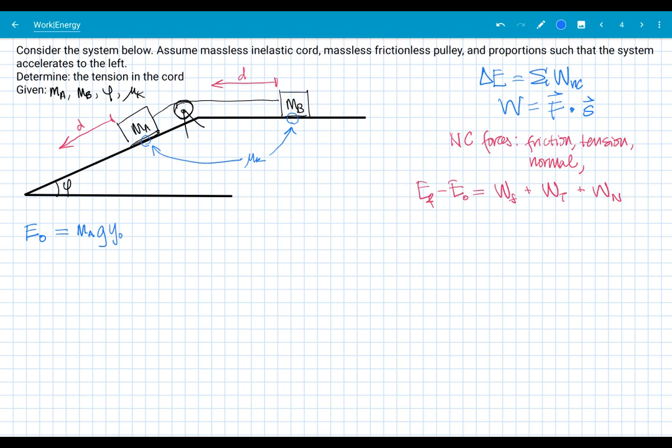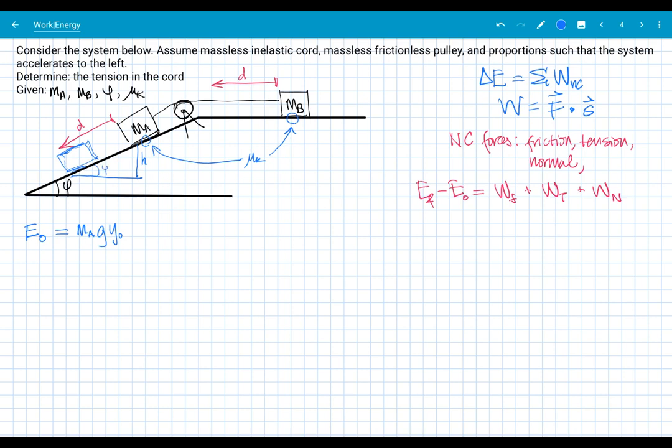And what I can do is think about this as a triangle right here and say, well, if mass A gets down to the end of this distance d here, so say I'm drawing in a little box of mass A, then it has undergone some height change. So I could draw in a right triangle in order to figure out what that height change is going to be.